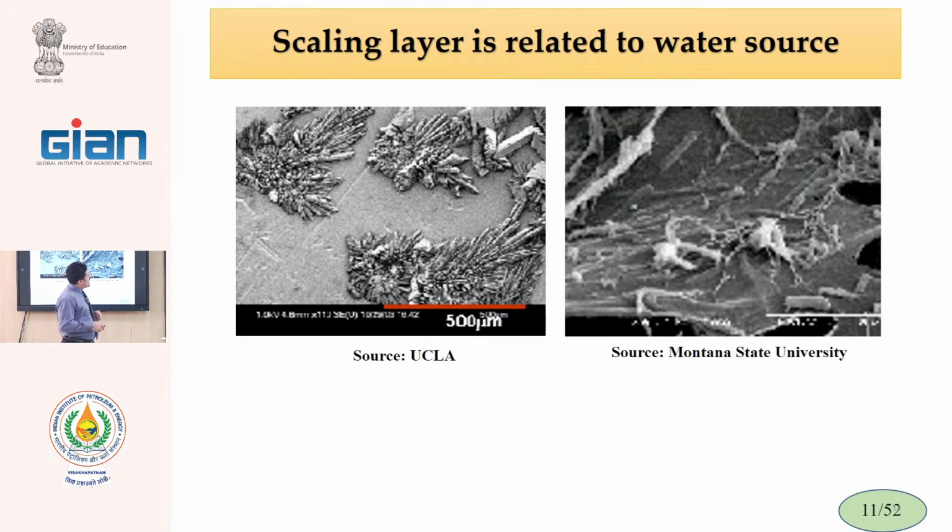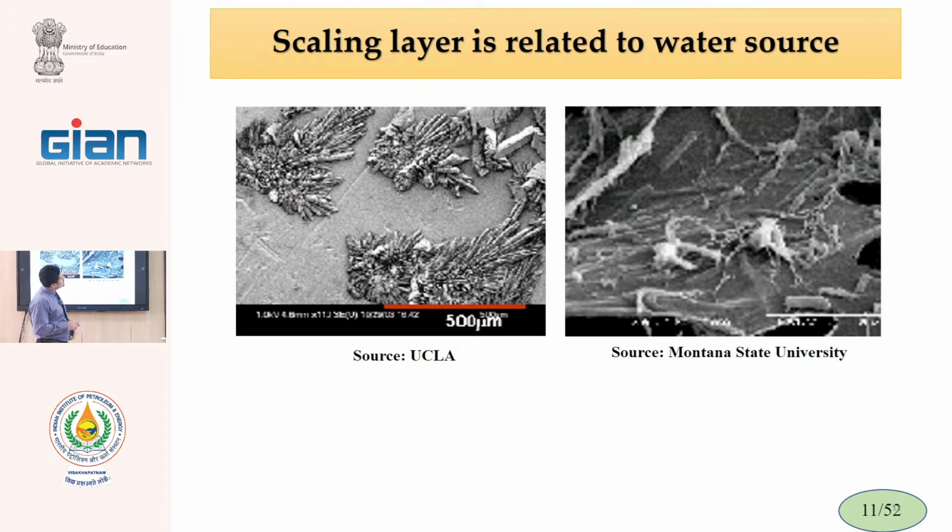Therefore, for comparing membrane surfaces, the UCLA wastewater is different from Montana State University. I think this one has organic fouling together with inorganic, but here we have only inorganic fouling.